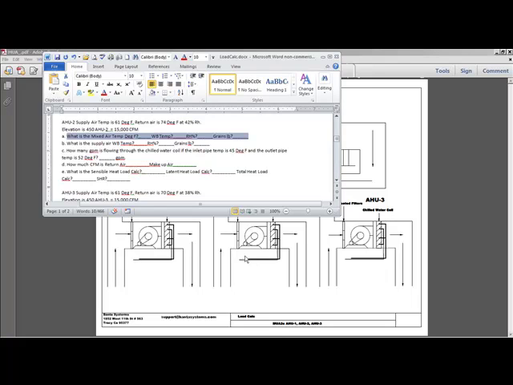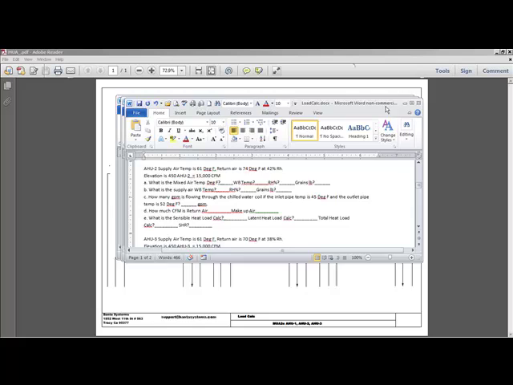How many GPM are flowing through this coil? How much is return air, and how much is makeup air? What is the sensible heat load, latent heat load, and total heat load? The sensible heat ratio. So let's do these calculations.